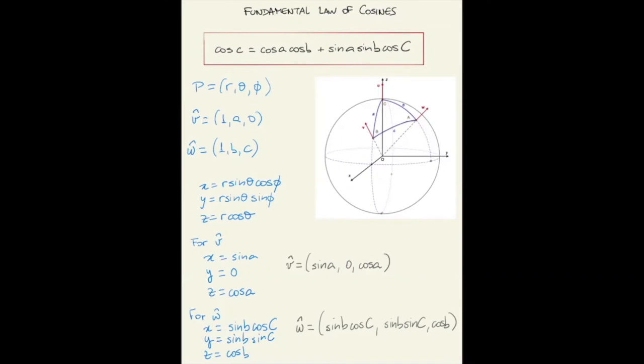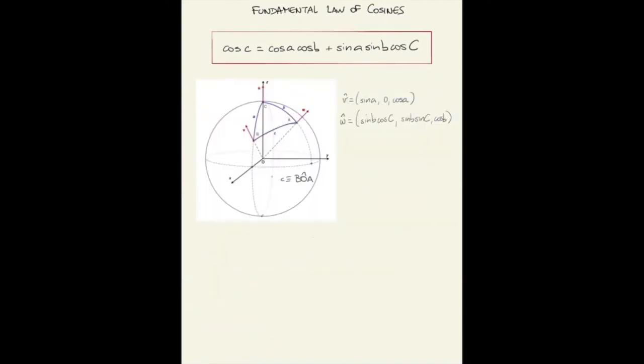That is, little c is the same as the angle BOA. So if you take the dot product between v hat and w hat, this must be equal to the modulus of v times the modulus of w times the cosine between them, which is little c.